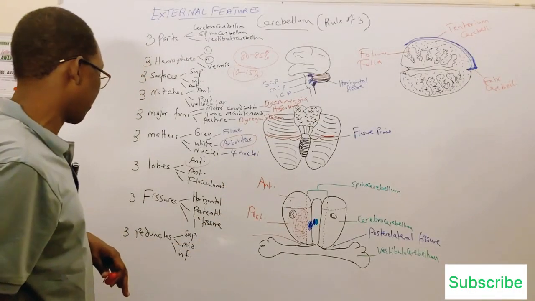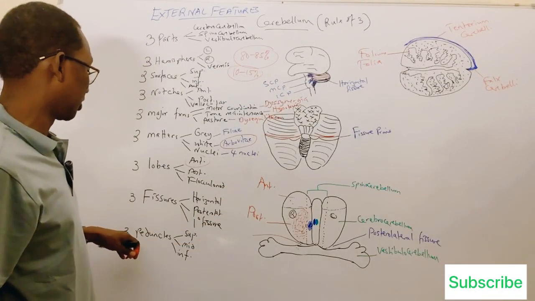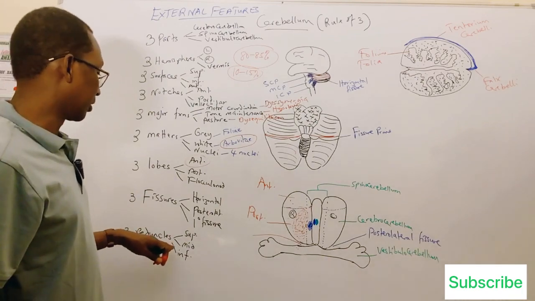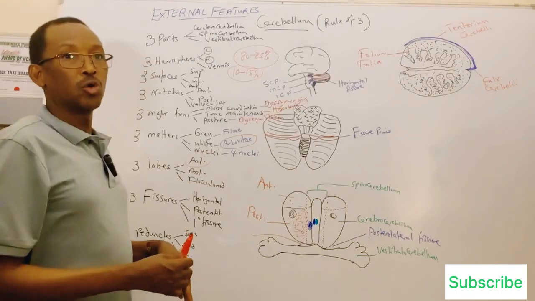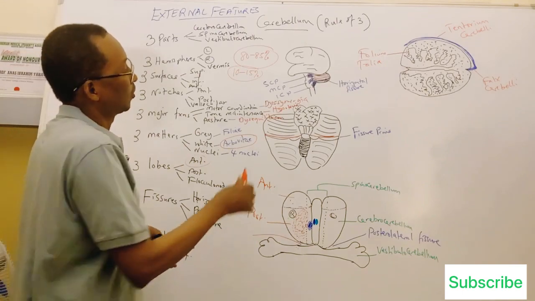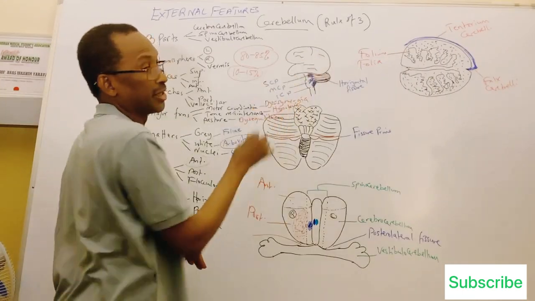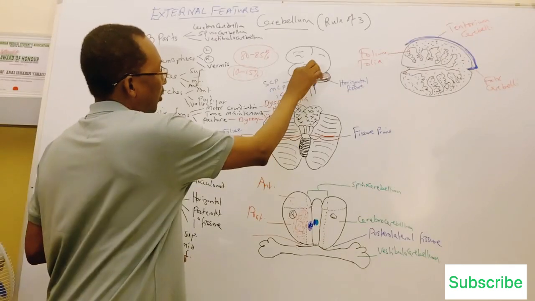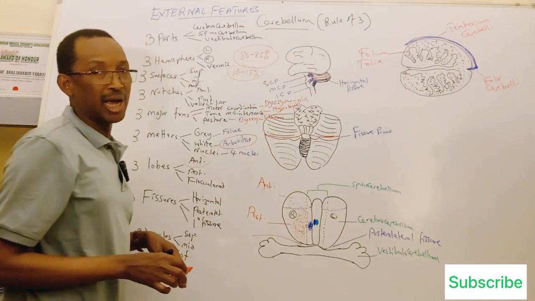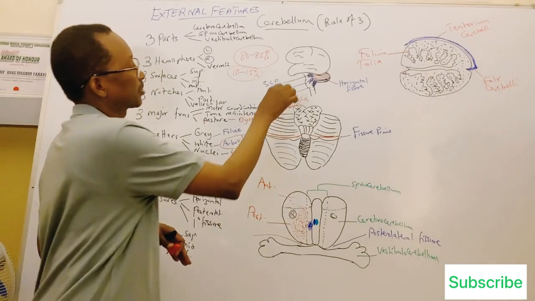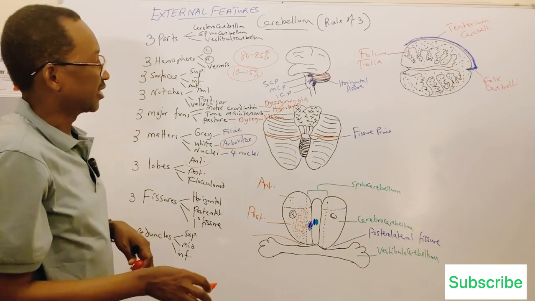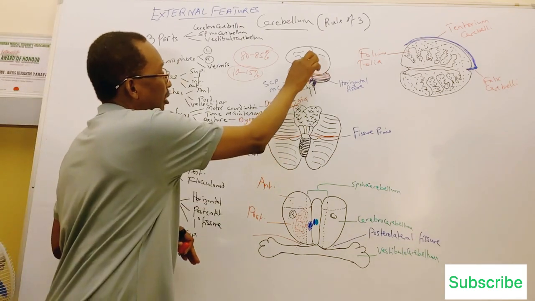And then the last rule of 3 is that the cerebellum has 3 peduncles. These peduncles connect the cerebellum with the brainstem. The brainstem, if you remember, has 3 parts: the midbrain, the pons, and the medulla oblongata. The first peduncle connects the midbrain with the cerebellum, and that is the superior cerebellar peduncle.